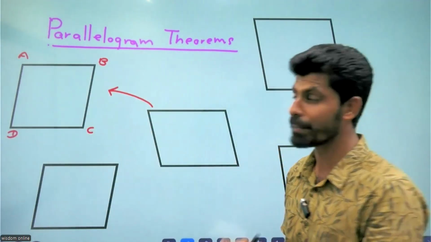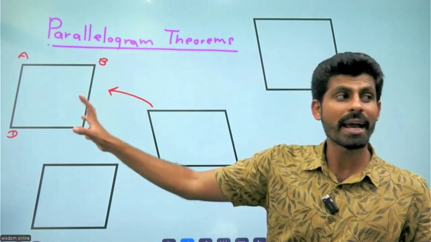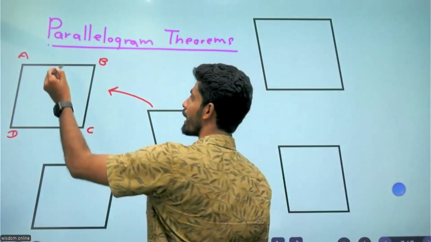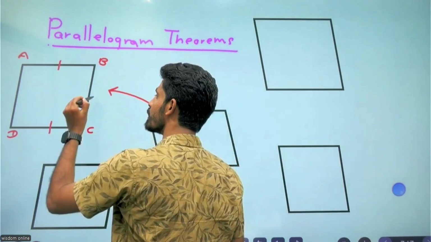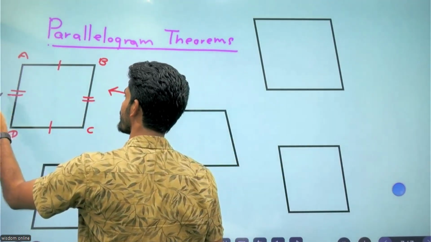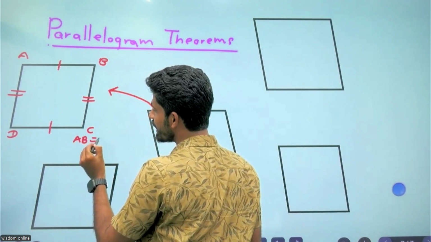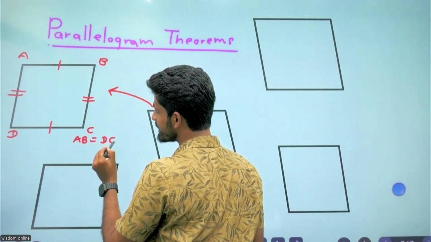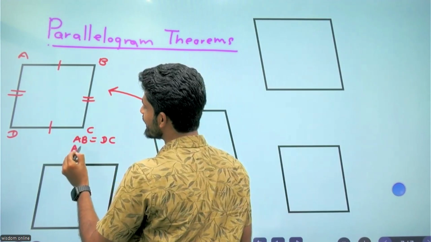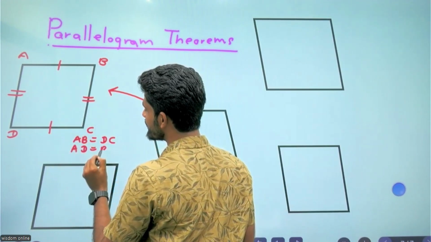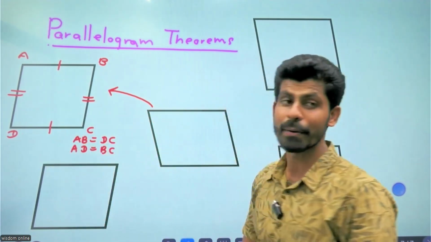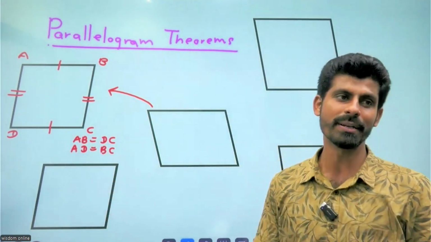In a parallelogram, opposite sides are equal. AB equals CD. AD equals BC.